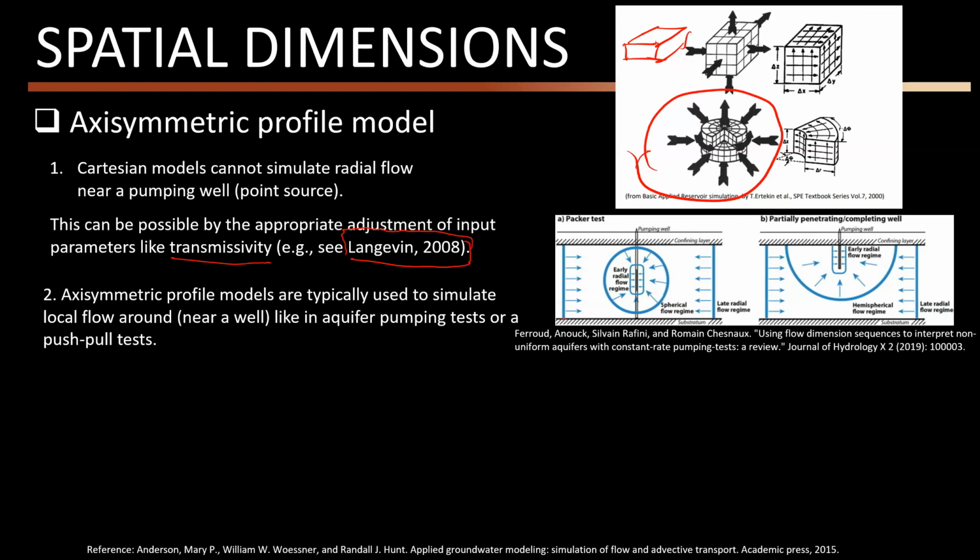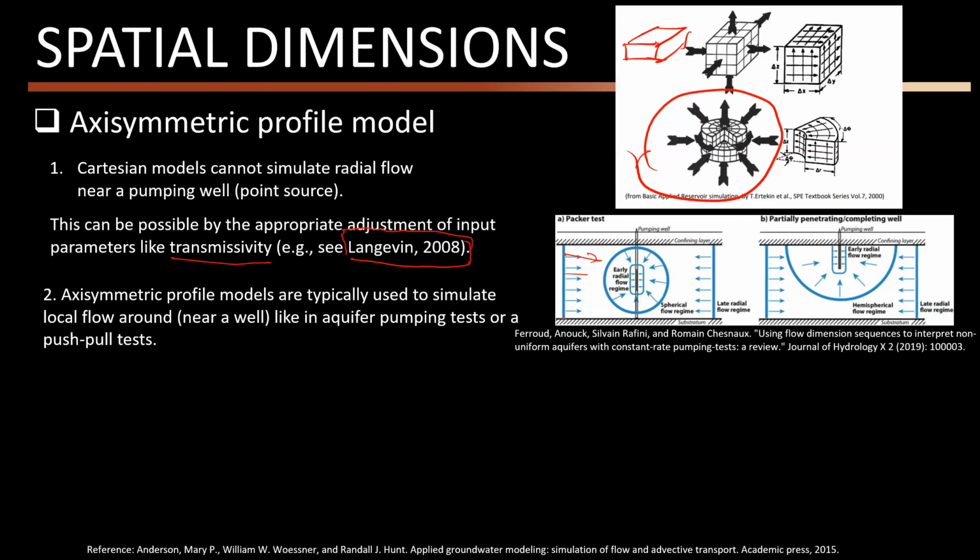Once you are designing your conceptual models, you should be able to pick a proper approach to solve the problems. For example, in this specific figure, if you have a well screened right at the middle of the confined aquifer, you can assume that the streamlines are getting into the well radially at the bigger scale.